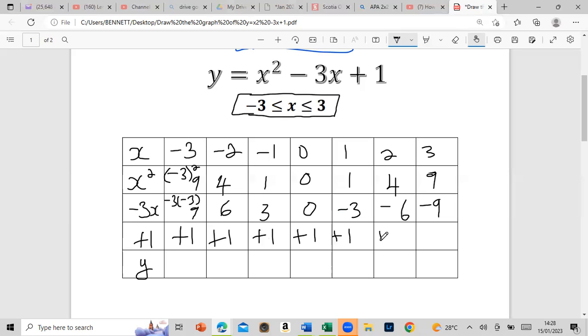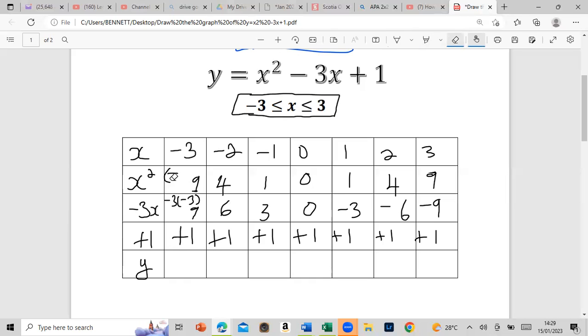Now we're going to find the corresponding y values.